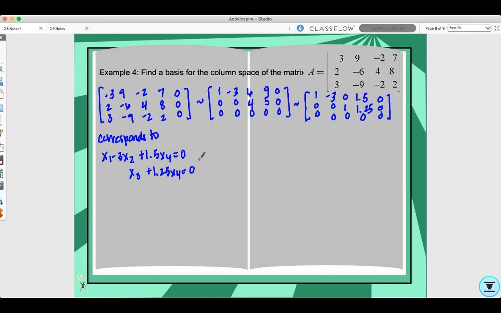So now we need to solve for the basic variables and write the solution of Ax equals 0 in parametric vector form. So I would have x1, x2, x3, x4 equals: x1 is 3x2 minus 1.5 x4. x2 is just x2. And then I would have negative 1.25 x4 is what x3 equals, and then x4 is also free.